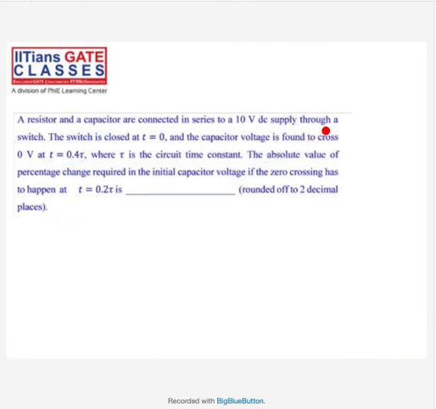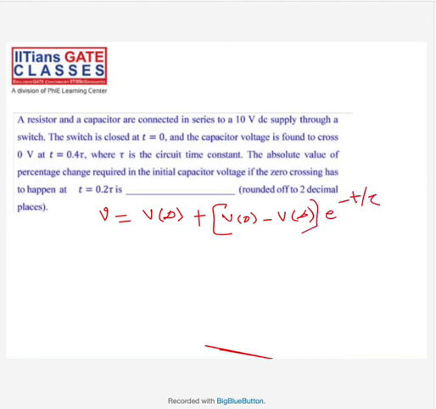Okay, so let me write it. V is equal to V of infinity plus V of 0 or V naught minus V of infinity, e power minus t by tau. This is what it is. And it's a series RC circuit. V of infinity is equal to the supply voltage, right?